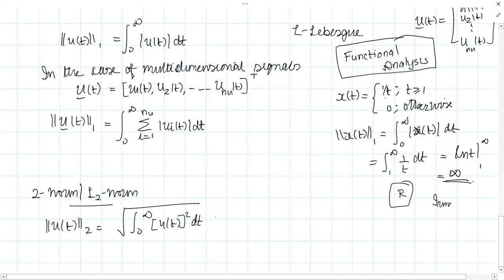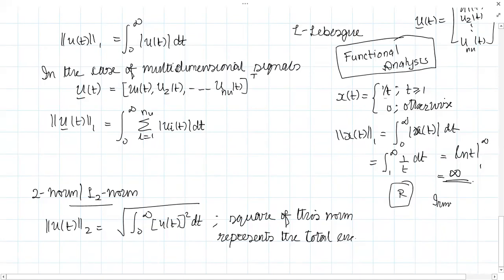So the square of this norm represents the total energy content in the signal.